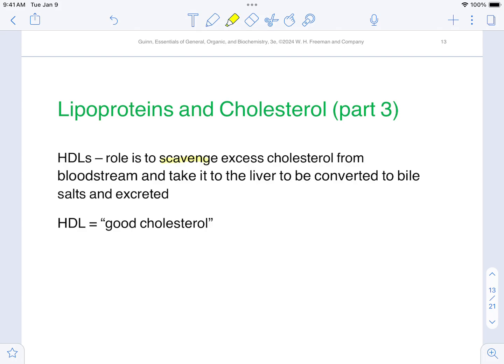They scavenge, they go back and look for excess cholesterol in the bloodstream. So anything that's excess, and then they'll take that right to the liver, which will then be converted to bile salts, and then it'll be excreted out of the body. So that's why this is good cholesterol. This kind of cleans up any cholesterol left over.